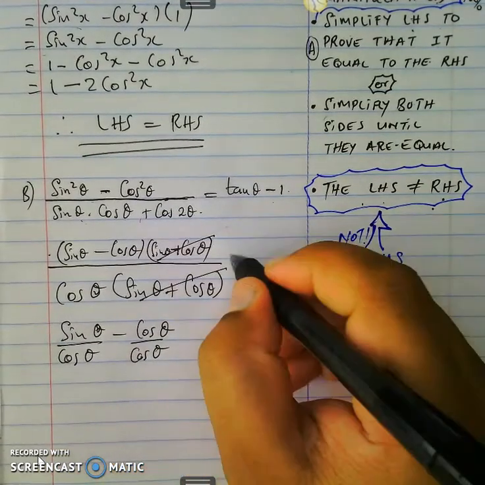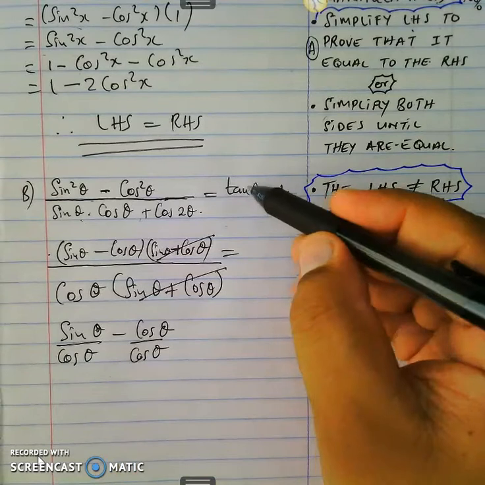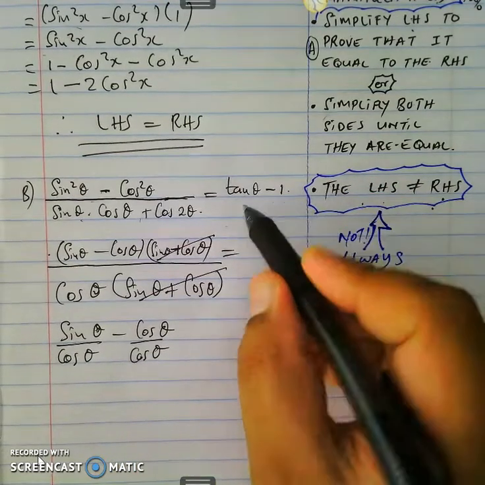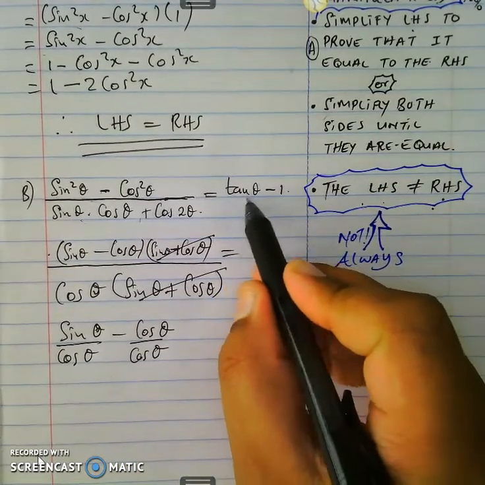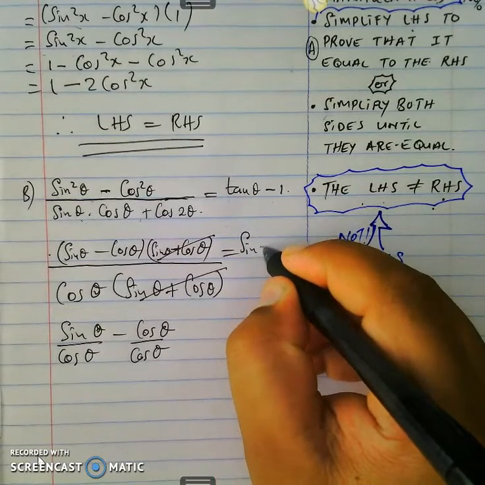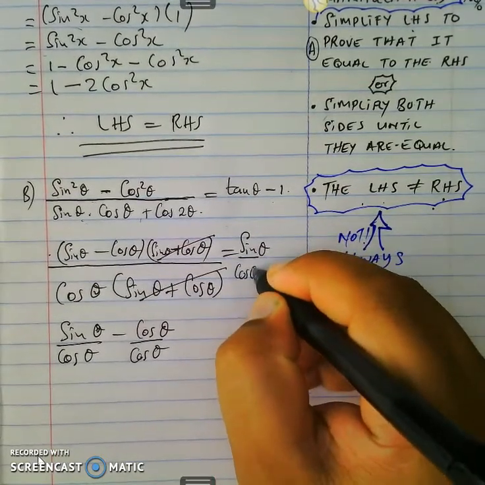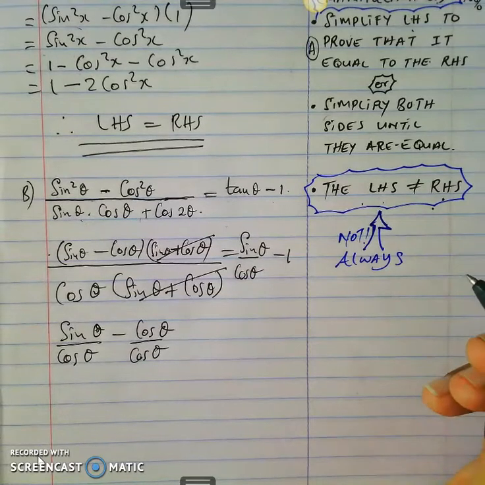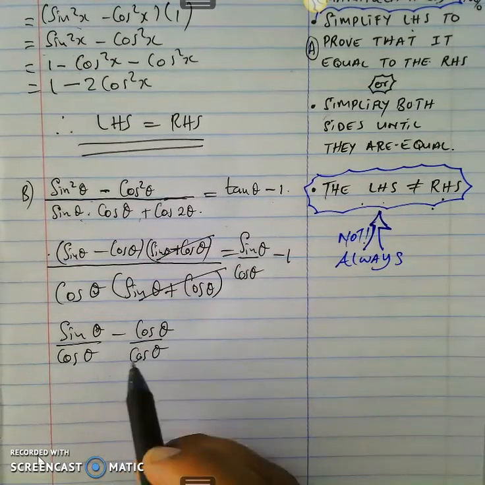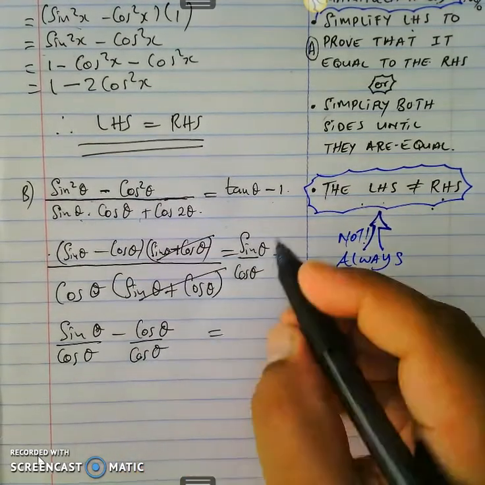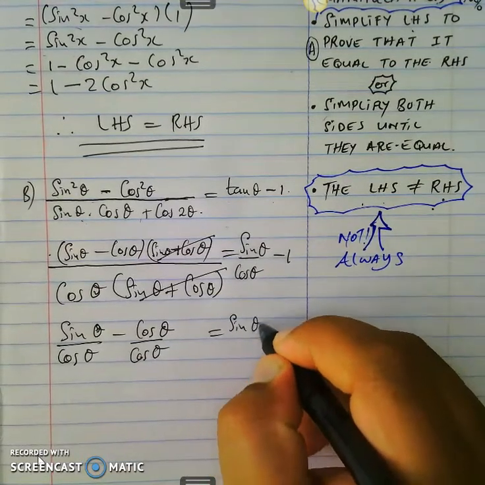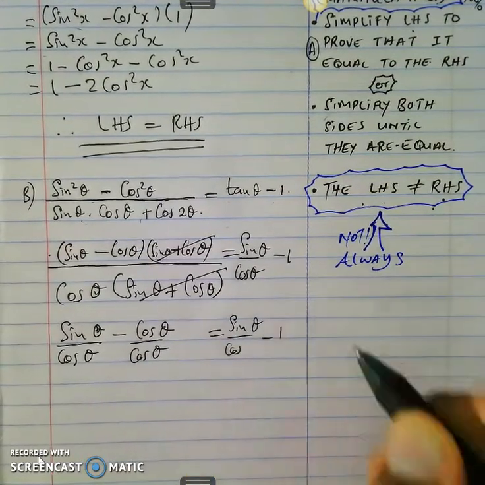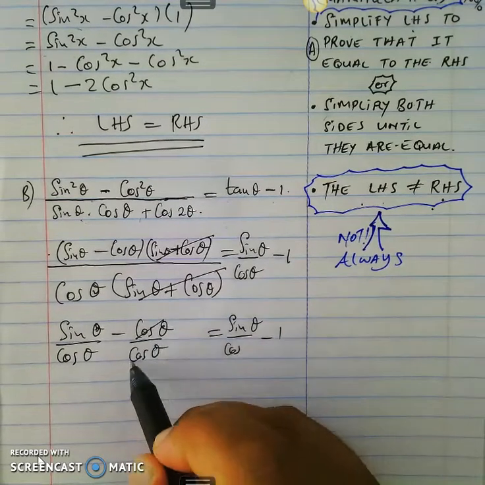Okay, so from this here, if I apply identities, I can say that tan theta is sine theta over cos theta minus 1. Now let's go further here on my left hand side. Here I bring this down. So this cancels out, that's 1.